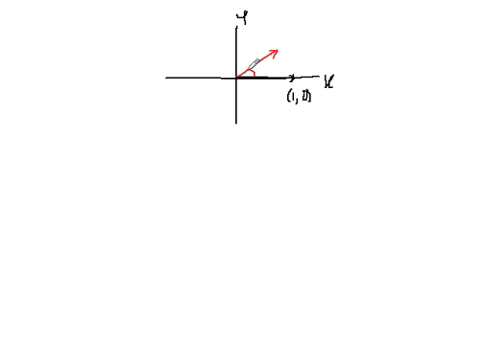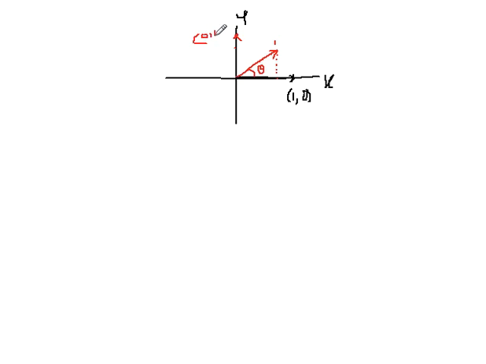Now its length is 1, but what are its points? When this vector is rotated onto the y-axis, it will go to this place, so it would be 0 1.